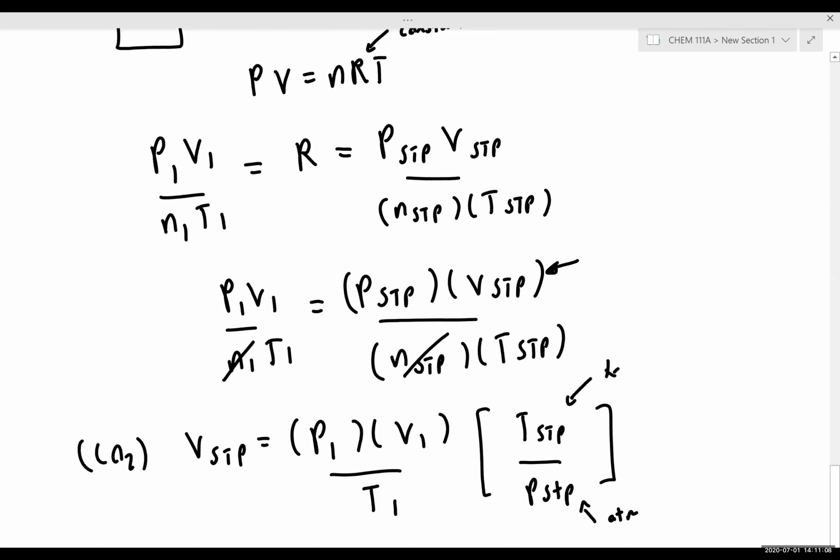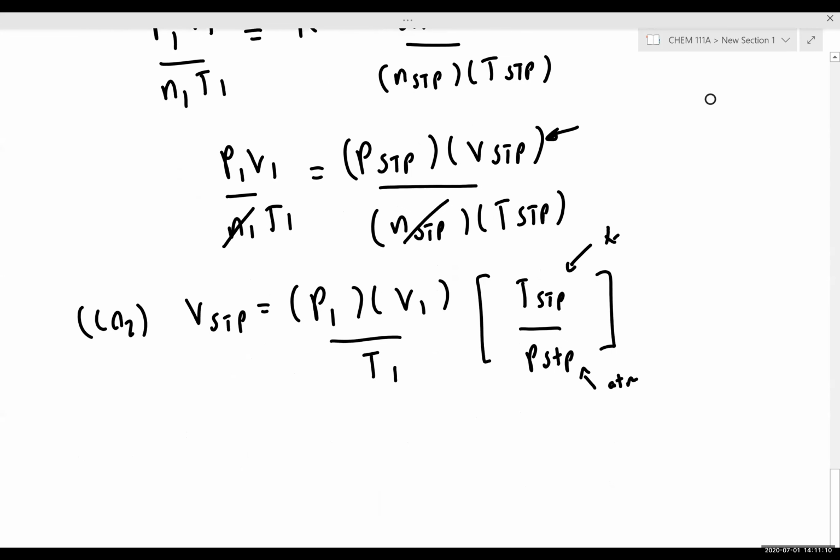Now, once we have the volume at STP, the molar volume is going to be equal to the volume at STP over the moles of carbon dioxide.